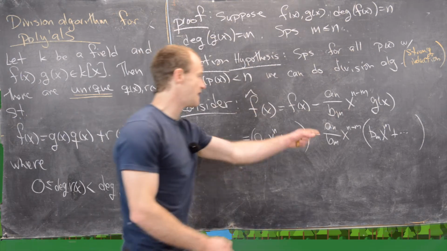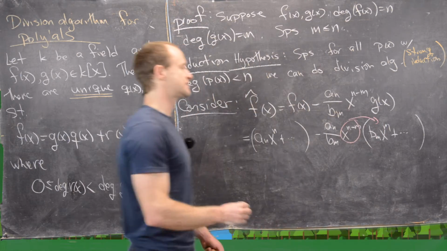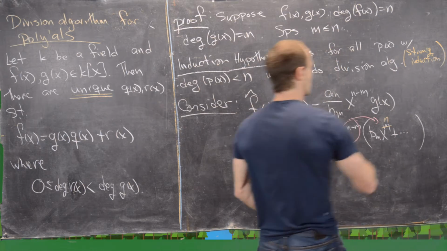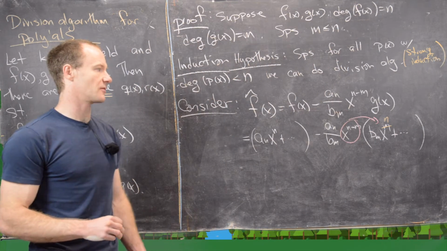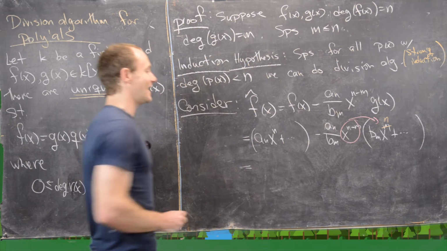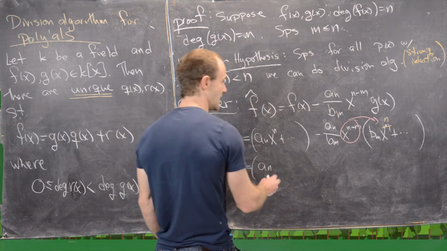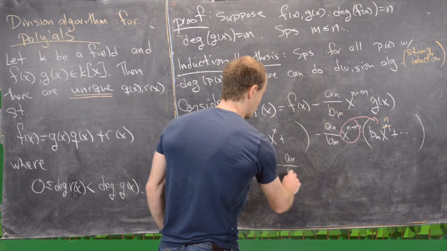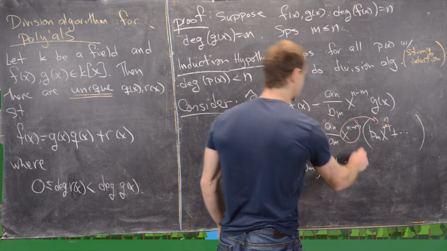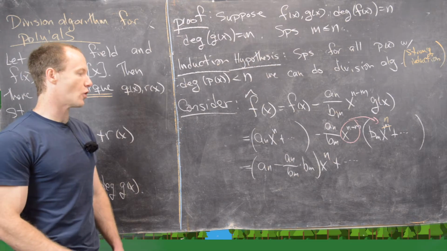But now we can distribute this through, and notice distributing that through will give this highest term degree n. So when we add these things together, notice we'll have a sub n minus a sub n over b sub m times b sub m as our coefficient of x to the n, plus lower terms.